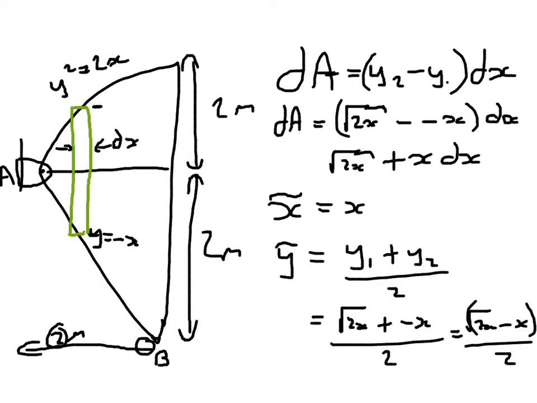So x bar is going to equal the integral. This time we're working between 0 and 2, because the distance is 2 meters, of x tilde dA over the integral between 2 and 0 dA.